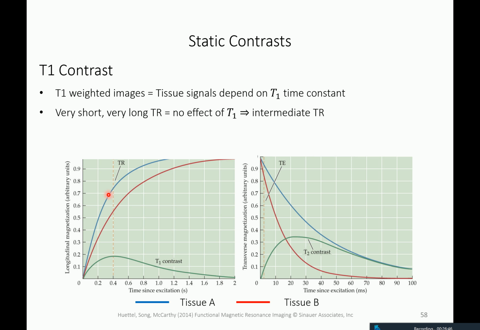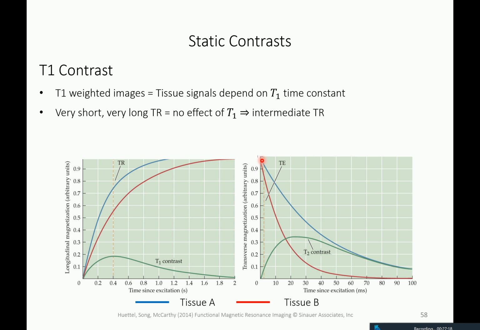So what you need to do if you're interested in this difference is, again, you cannot measure this longitudinal magnetization, but what you can do is to tip the net magnetization from the longitudinal orientation again into the transverse plane where you can measure it. This is what you want to do. So you take a TR that is not that long because you're interested in this time constant.